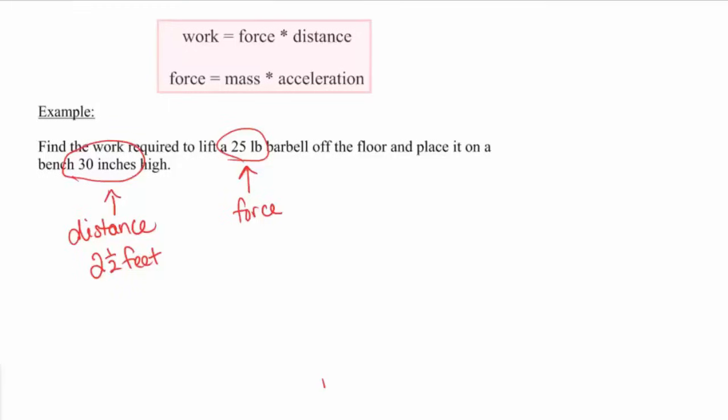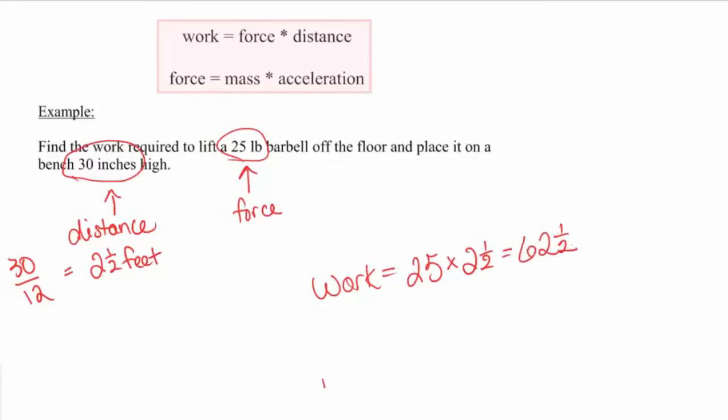And the way you find that is to say 30 divided by 12, because there's 12 inches in 1 foot. So now, how much work is it? The work is going to be the force, 25, times the distance, 2.5, to give you 62.5 foot-pounds as your work.